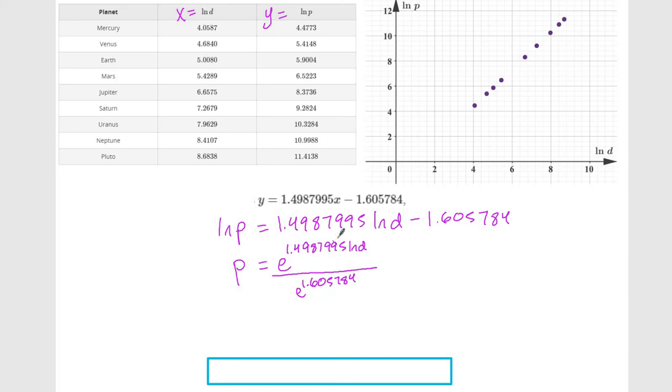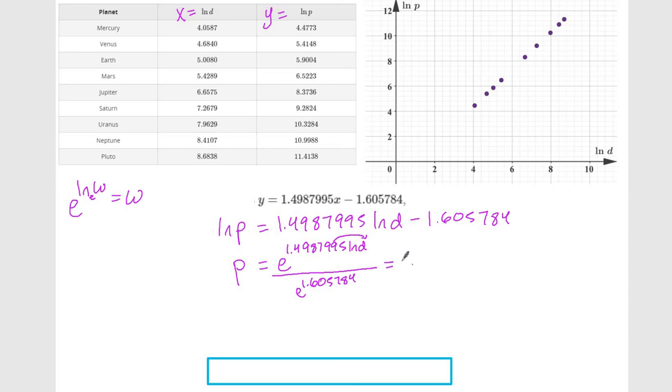If I move this as an exponent of d, well, remember, e to the natural log of, say, w, is just w, right? If that base and this base are the same, they kind of cancel each other out. Hopefully you remember that rule. So if we do that, we can get this e and that natural log to cancel.